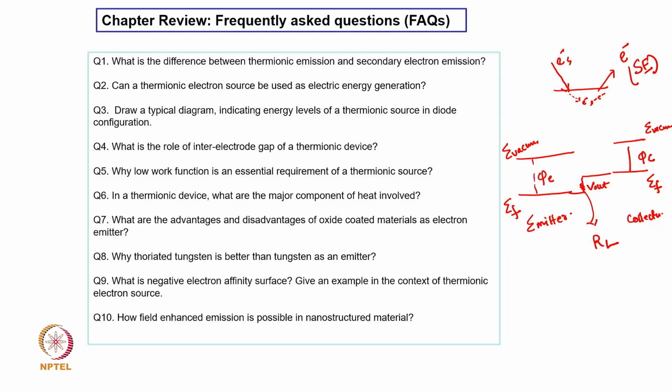What is the role of the electrode gap of a thermionic device? This is a very important component of a thermionic device, because there is an emitter and a collector with a gap in between. So, the optimization of this gap is extremely important. If I increase the gap, although the electron flow is the same when I consider the emitter material at a particular temperature, many electrons will be lost.